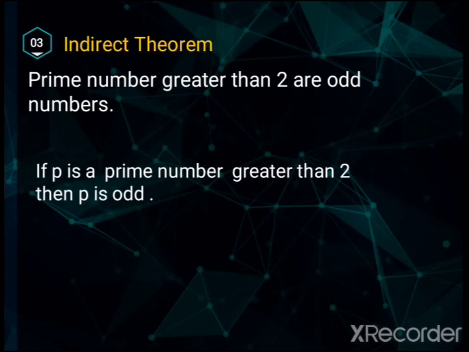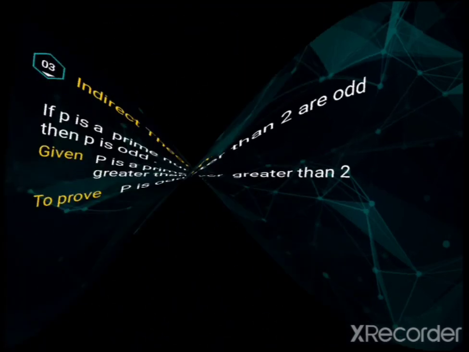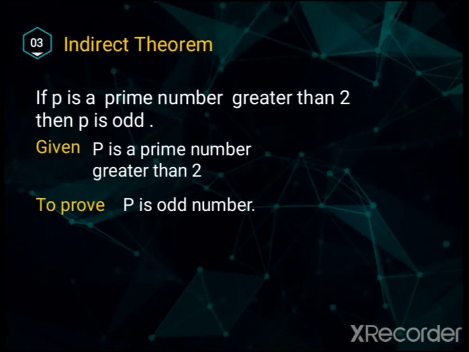The statement between if and then is our given, and the statement after then is what we prove. So let's write down its given point: P is a prime number greater than 2, and after then, P is an odd number.